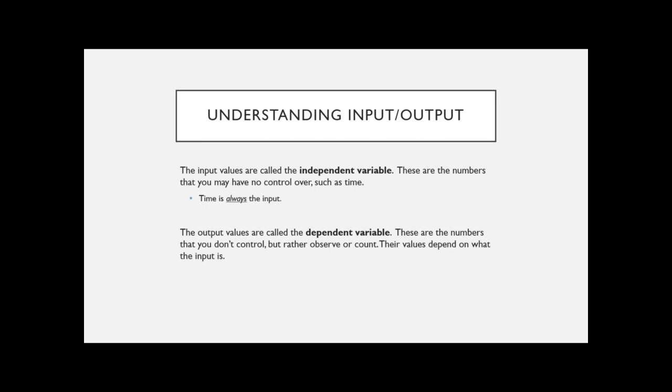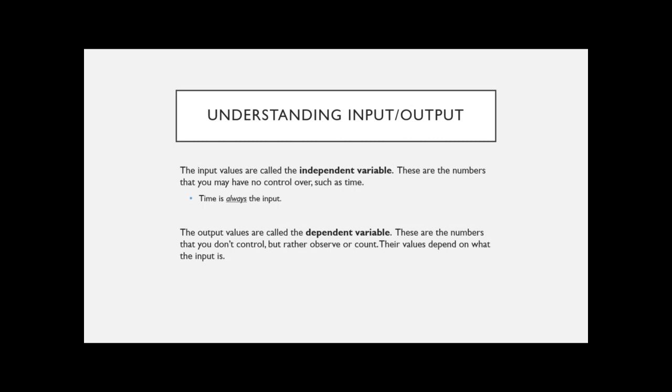The output values are called the dependent variable. These depend on what the independent variable is, hence the name dependent. We don't control what the outcome is. These are things that are just happening, or we're observing, or counting. If something's happening per year, we're just asking, what was the output for this year?